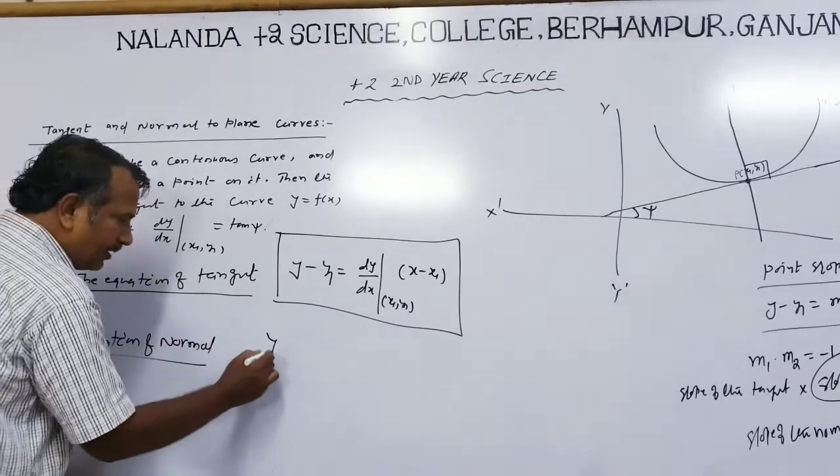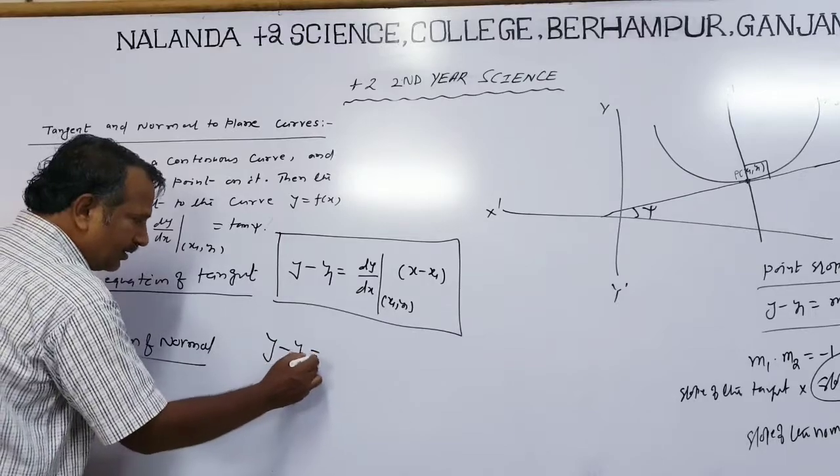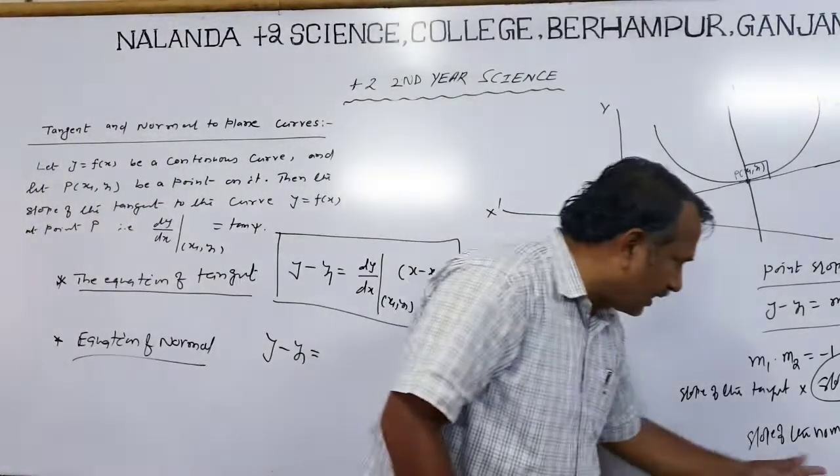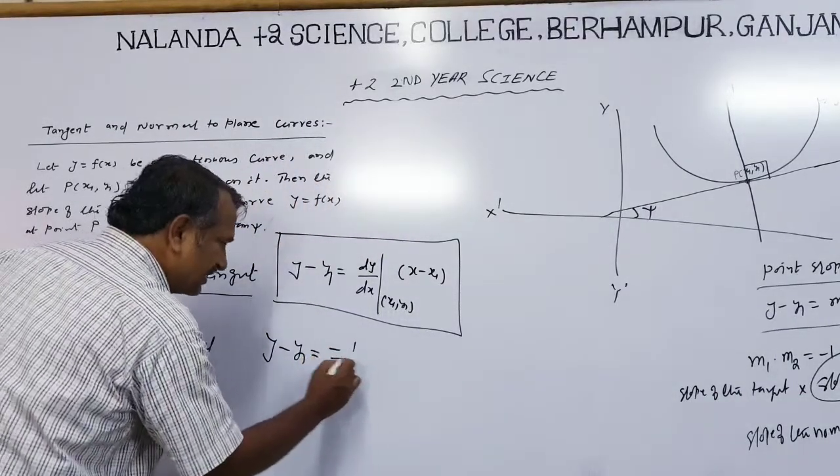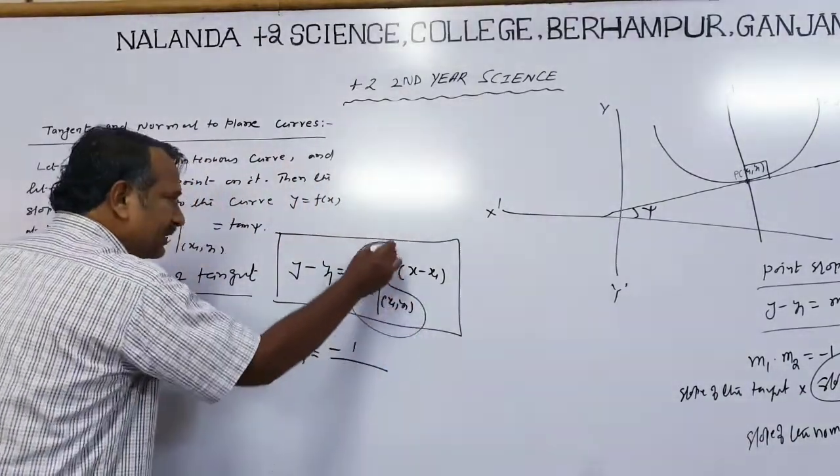So y minus y1, slope of the normal equal to minus 1 by slope of the tangent.